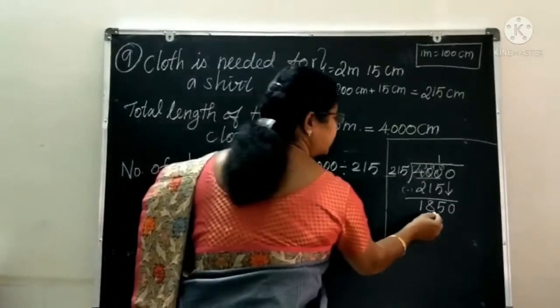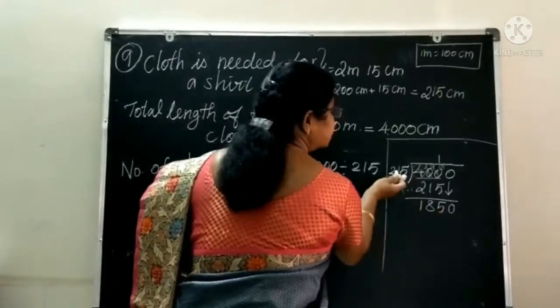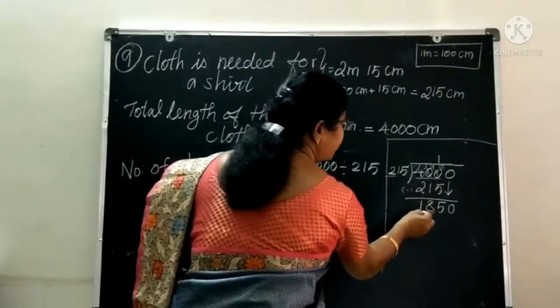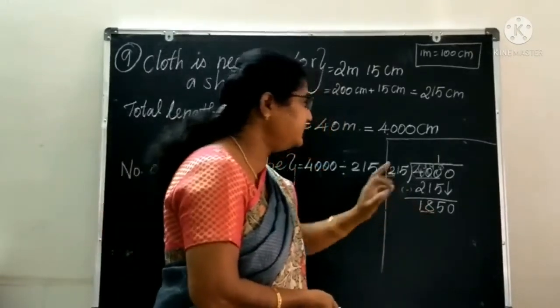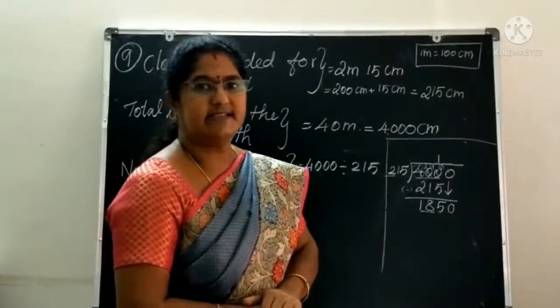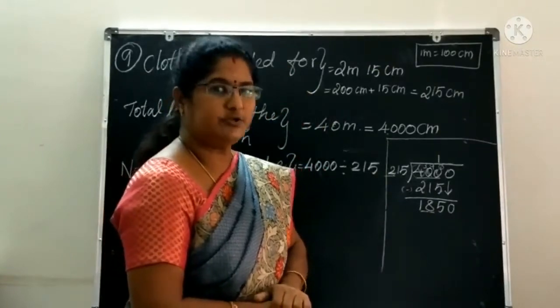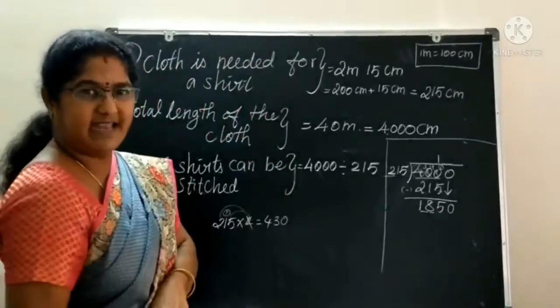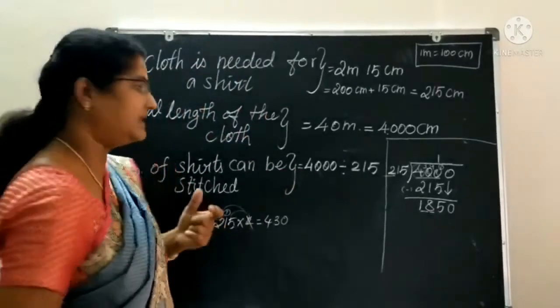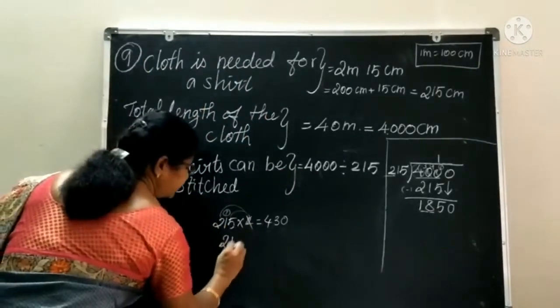Same thing, you compare with 2 digits. So in 18, how many 2's? 9 2's are 18. So it may be approximately 9 times. So you try and find out.